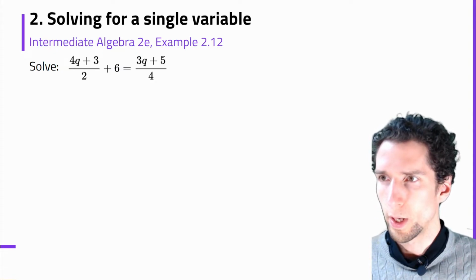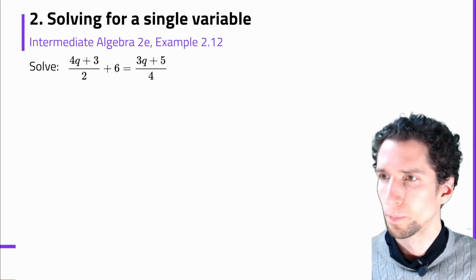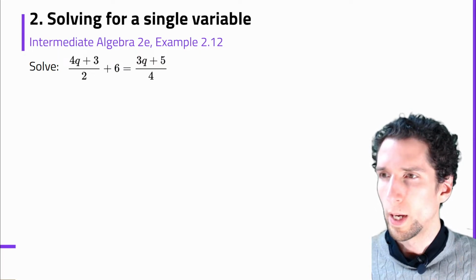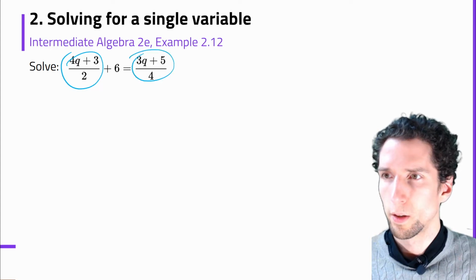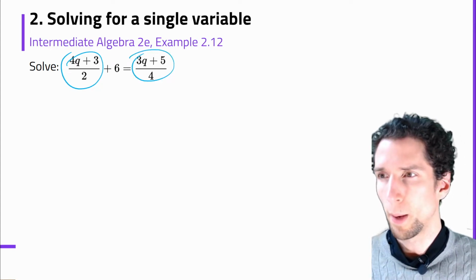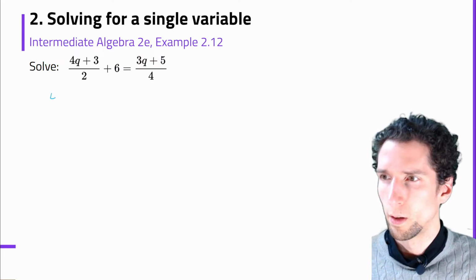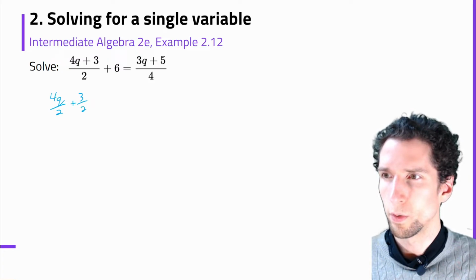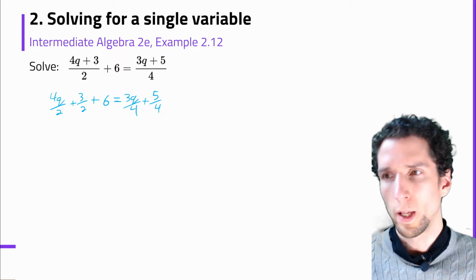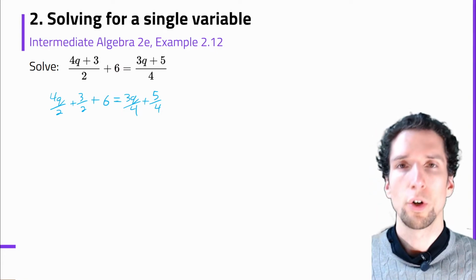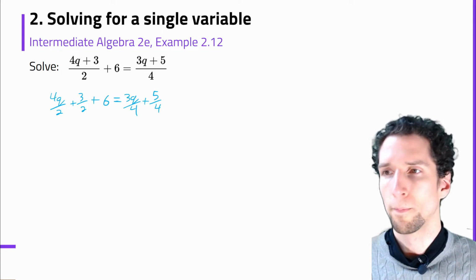We could rearrange this and split up these fractions. So we could say 4q over 2 plus 3 over 2 plus 6 equals 3q over 4 plus 5 over 4. And then gather the q terms, gather the constant terms, and simplify.